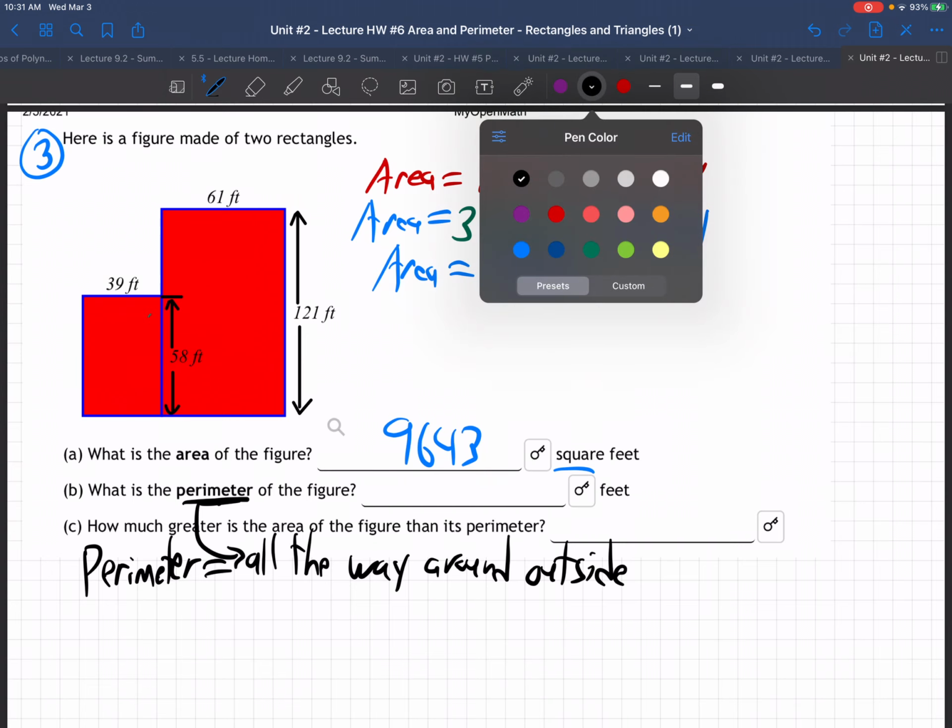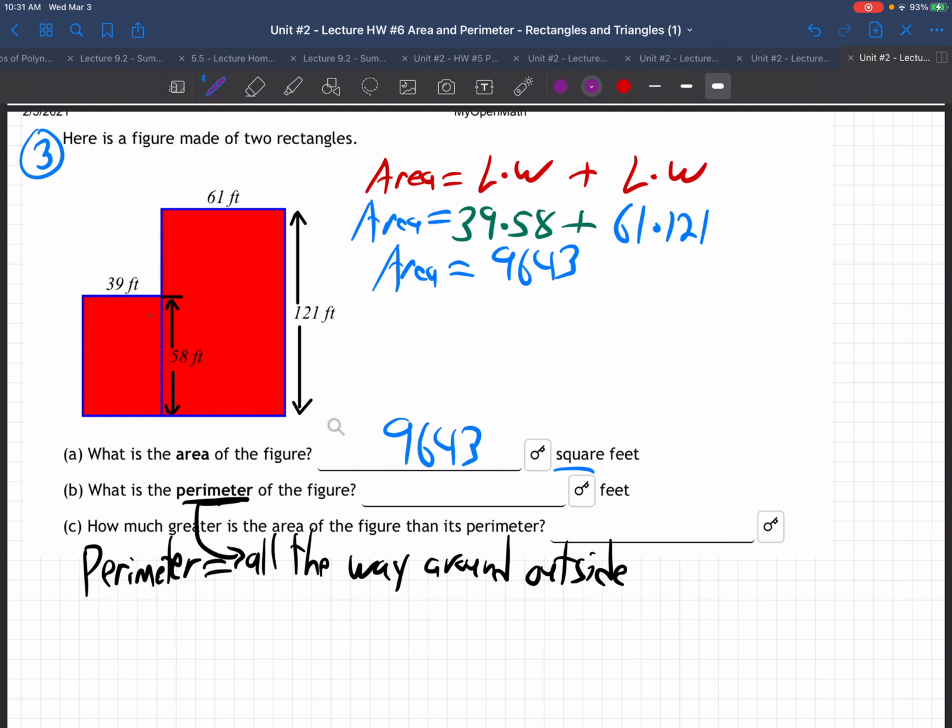Let me do it carefully, part by part. First we have to do this part. It's not showing up very clear in red, so let me just do it with black.